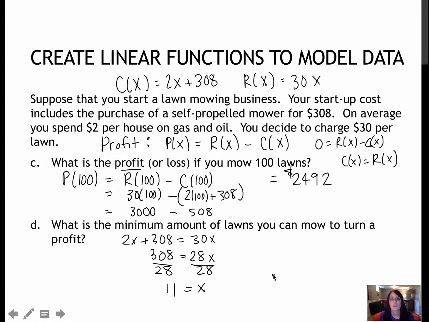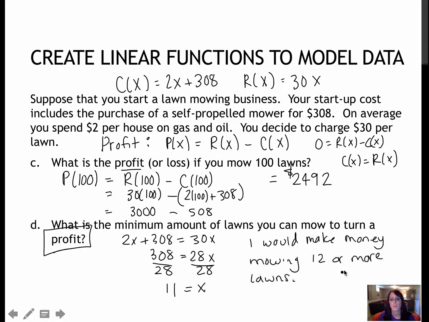So what does 11 mean? 11 means that if I mow 11 lawns, I make $0. The revenue is exactly equal to the cost at 11 lawns. The question says, what's the minimum amount of lawns you can mow to turn a profit? So when do I start making money? I start making money at 12 or more lawns.